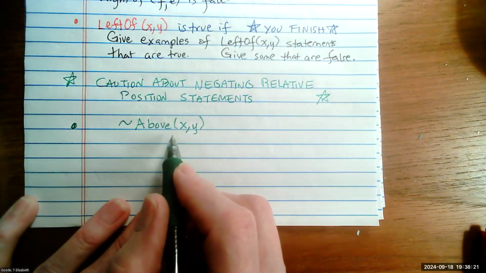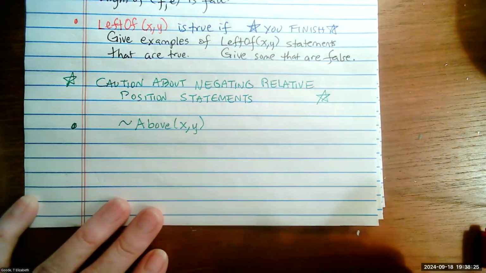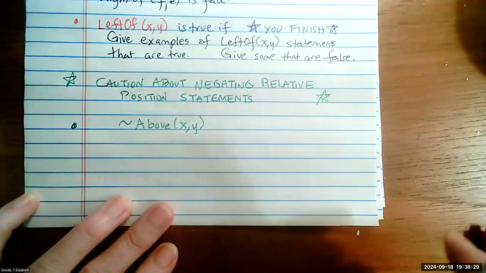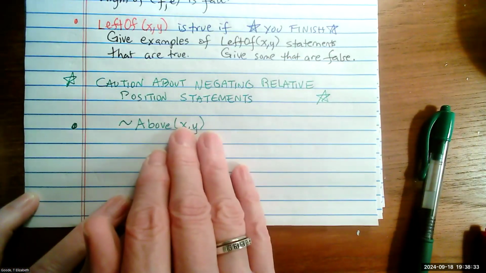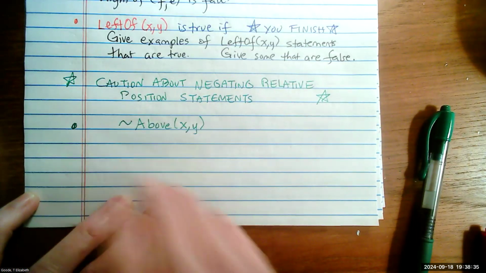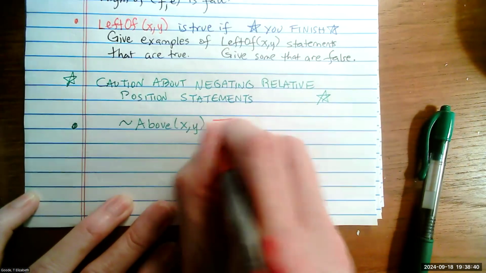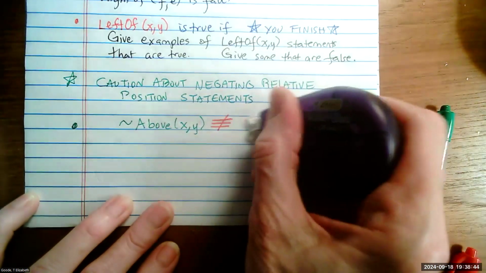You might think, okay, if it's not above X, Y, then that means below X, Y is true. You might think, hey, the negation of X is above Y would be X is below Y. But that's not the case. This is not logically equivalent to below XY.